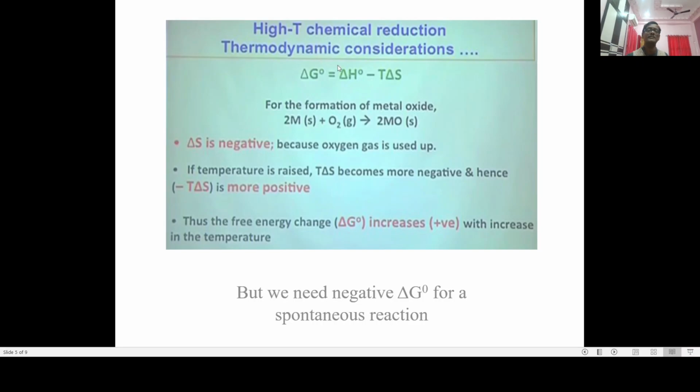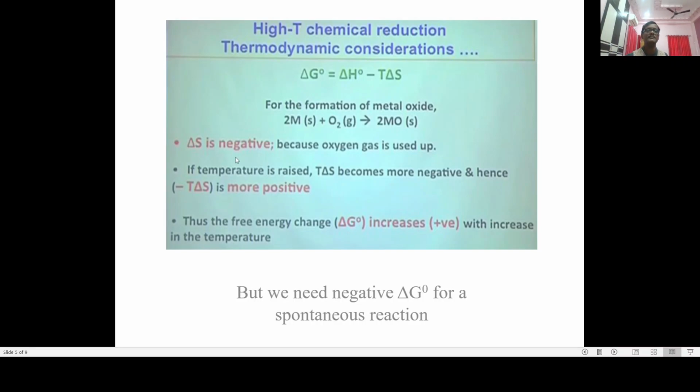In the thermodynamic consideration of high temperature chemical reduction, we look at the standard delta G0 for the formation of the metal oxide: metal plus oxygen gives metal oxide, and delta S is negative because oxygen is used up.